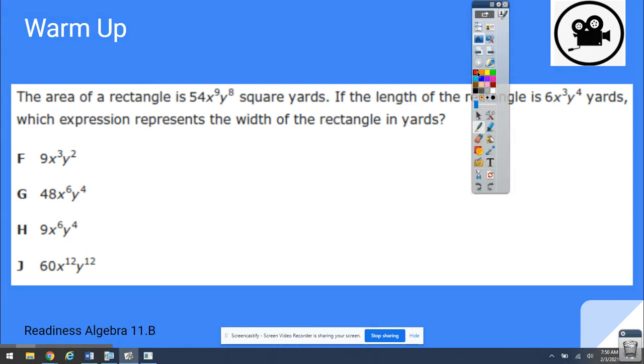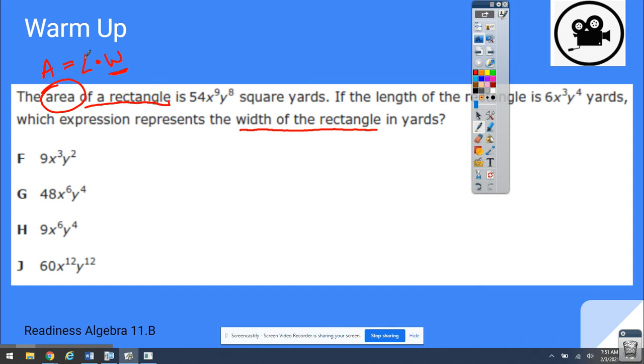Knowing a little bit of information, because they said the keyword area here, and especially they're saying the rectangle, we've got to use that area formula, and that is going to be length times width. So in other words, if I want to figure out what the missing part is, which expression represents the width of the rectangle, I don't know this part. So I know that my area would equal length times width, but I already know the length and I already know the area.